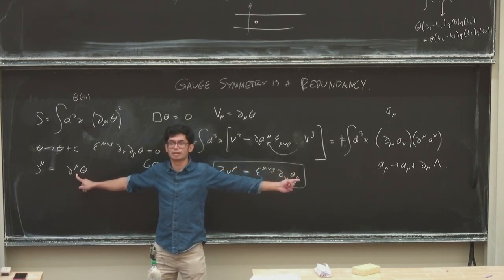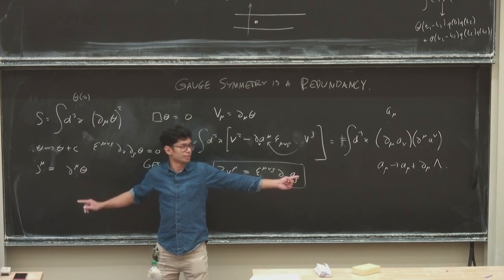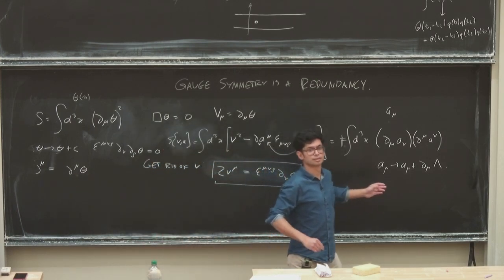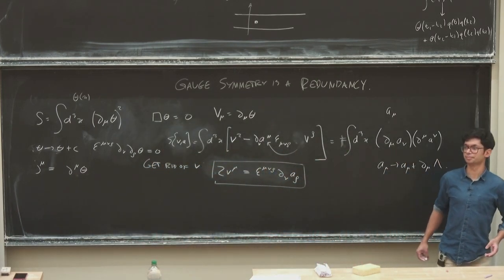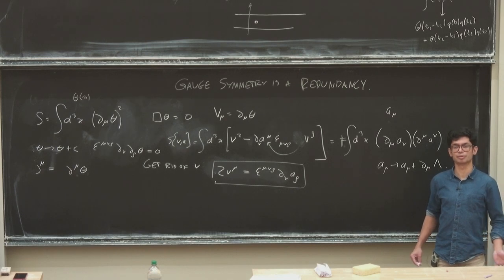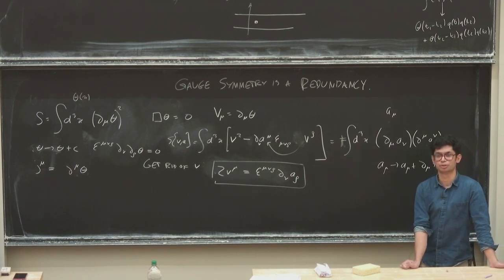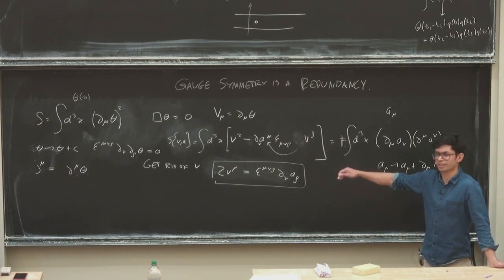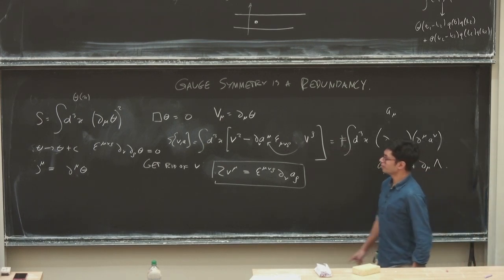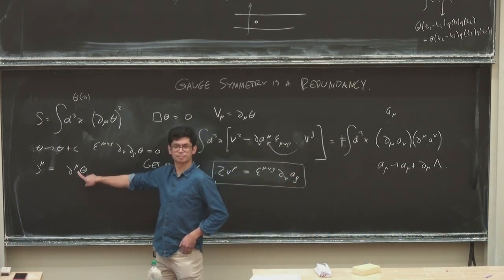Anyone? Where is the global symmetry on the other side? Any thoughts? What is the global symmetry current? Don't overthink it. The answer is sort of buried in these formulas, to be honest. Remember the global symmetry current was d_mu theta?